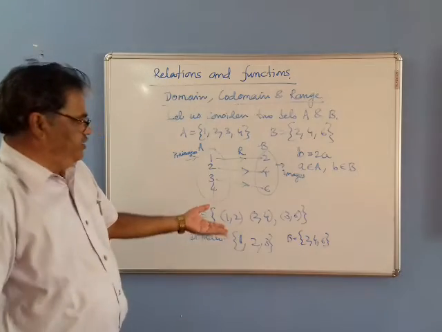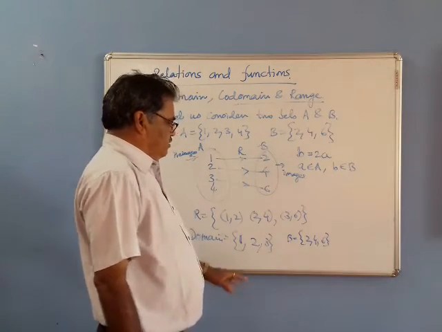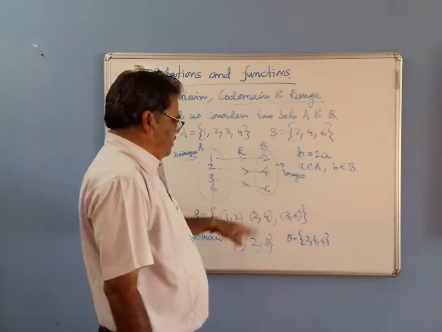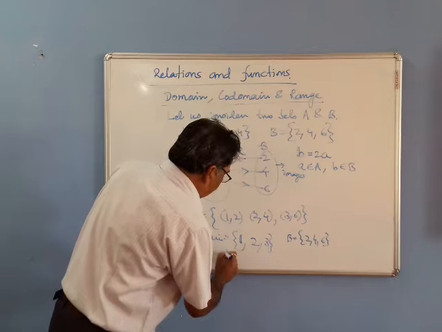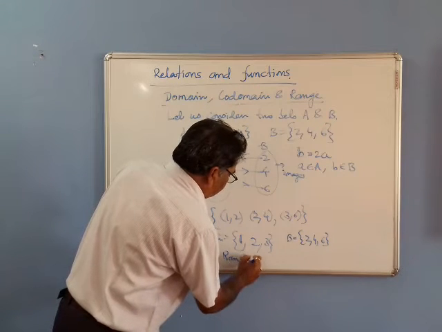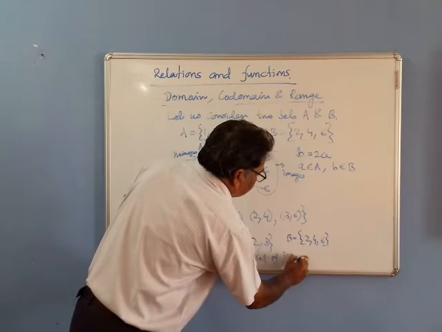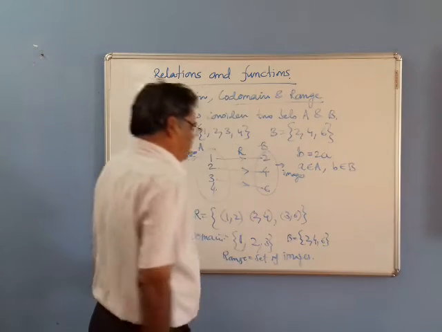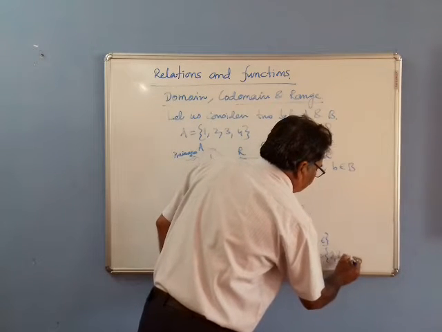Because all the elements of B are images, therefore 2, 4, 6 is also the range. Range is the set of images, which means 2, 4, 6.